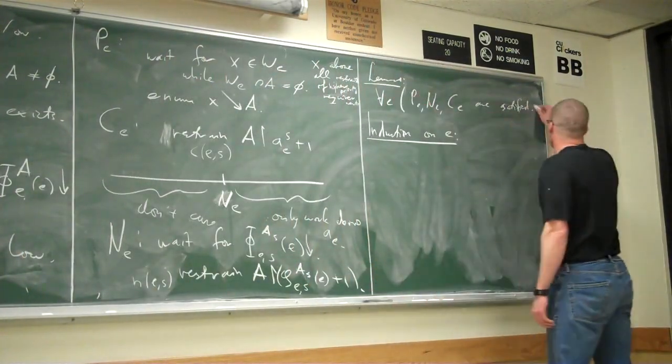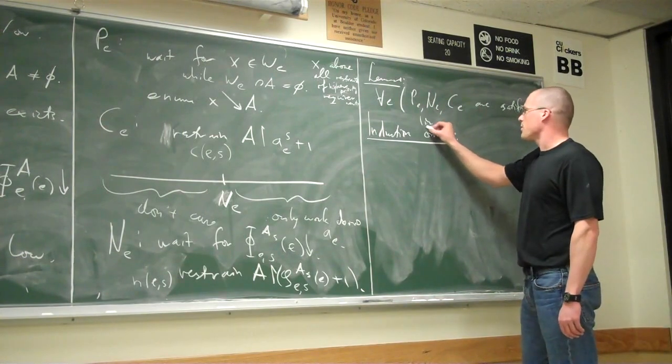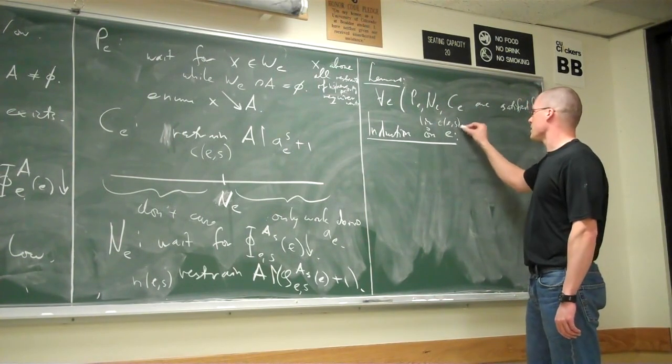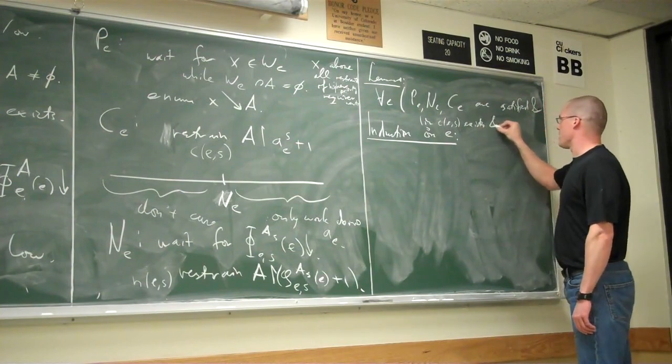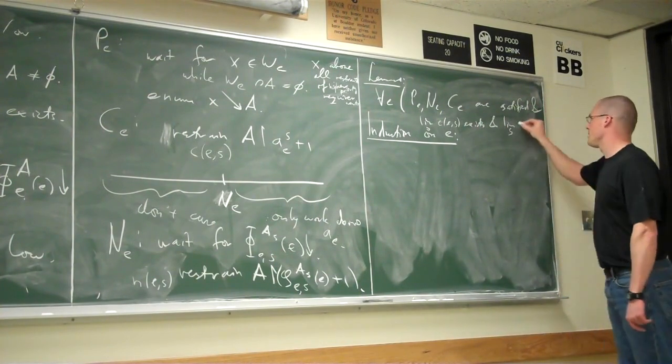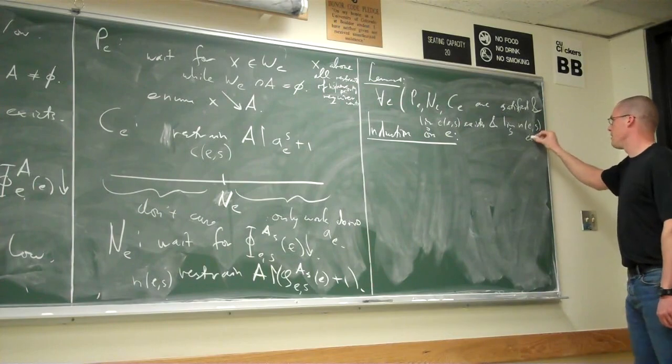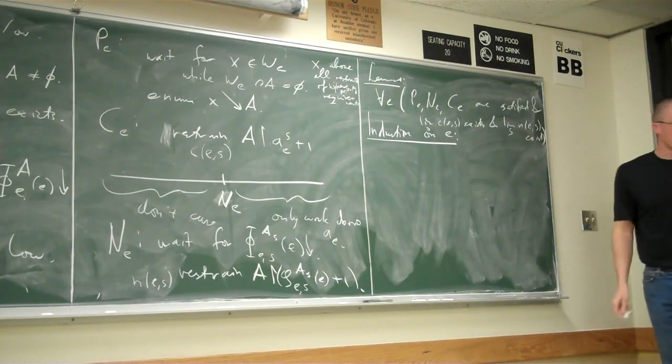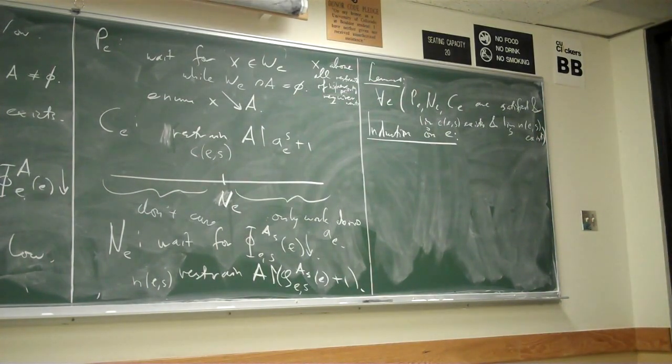All of these are satisfied, and the limit over S of CES exists, and the limit over S of NES exists. In some sense, this is the point of doing the induction of all of them together, because then you can assume these restraints exist.